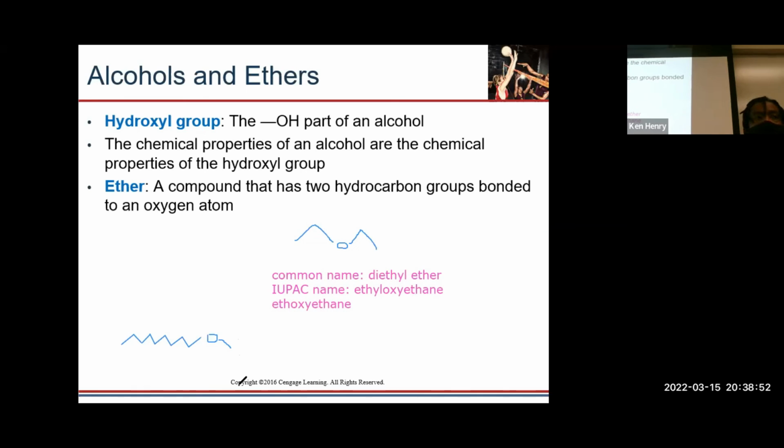Okay, what would that be called? Count the carbon chain: 1, 2, 3, 4, 5, 6, 7, 8, 9. And then this side is just 1.